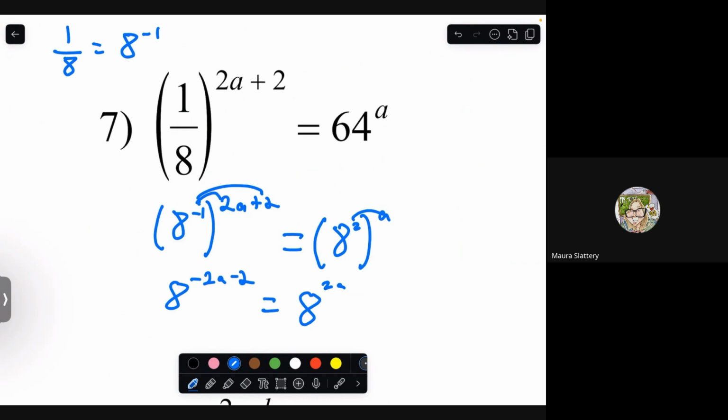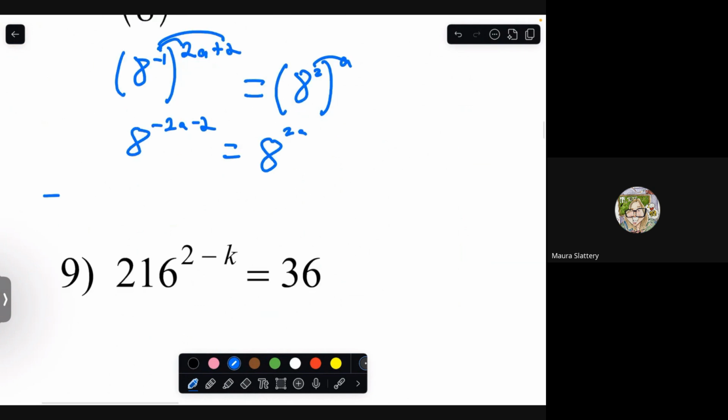Questions on that one? All right, what should we do now? Set them equal. Very nice job. So we're going to say -2a minus 2 is equal to 2a. Go ahead and solve that equation.